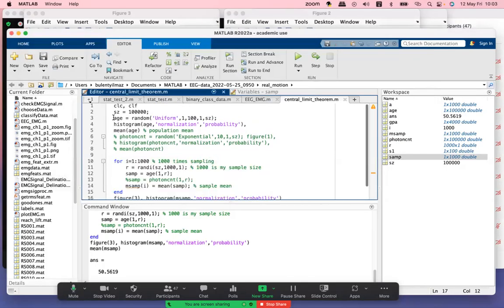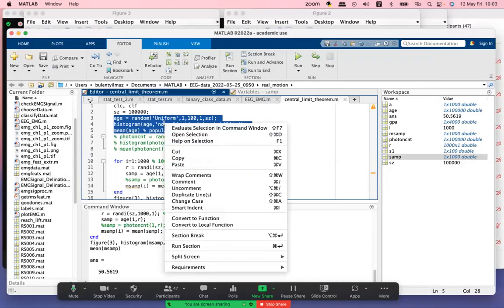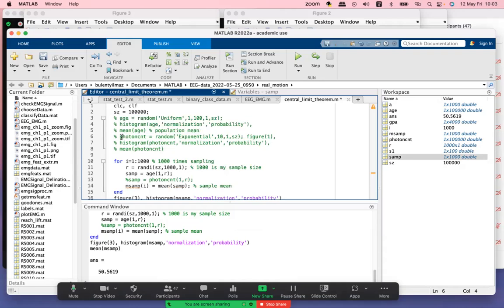Now, I don't want to do any age, but this time I want to do photon count, which is related to exponential distribution. Okay, let's say something like exponential distribution or Poisson distribution. So now I'm going to generate again 100,000 numbers according to the exponential distribution.